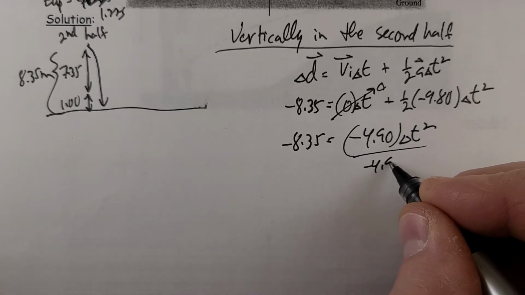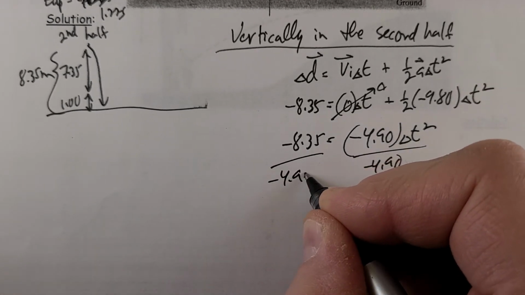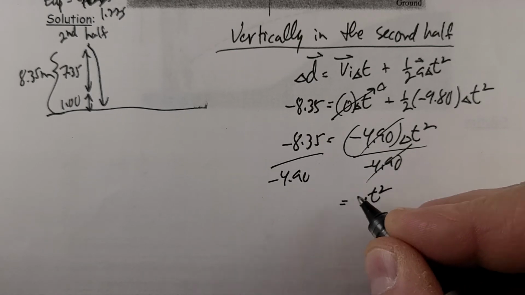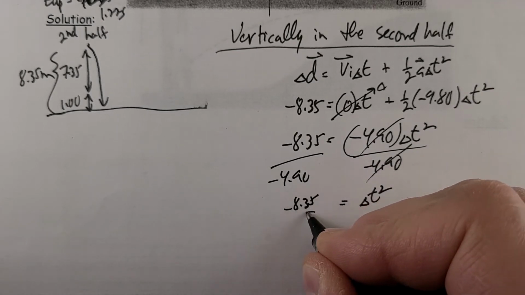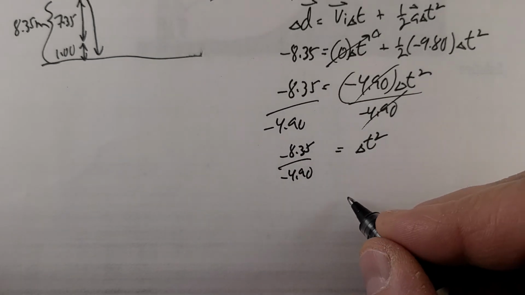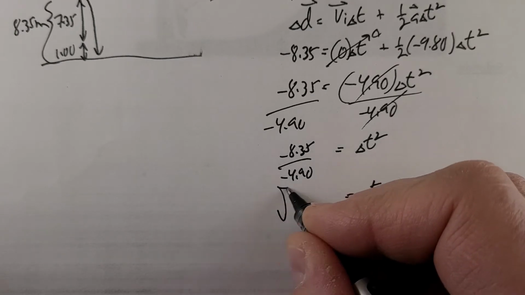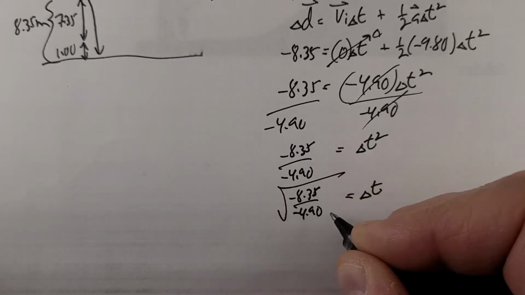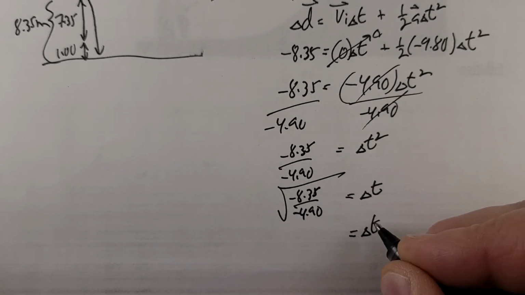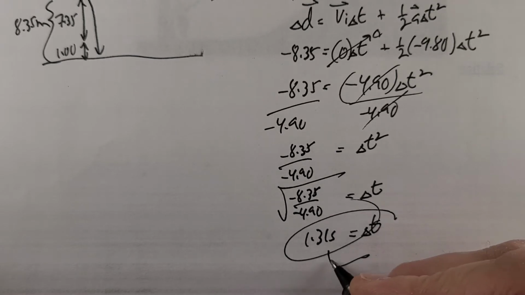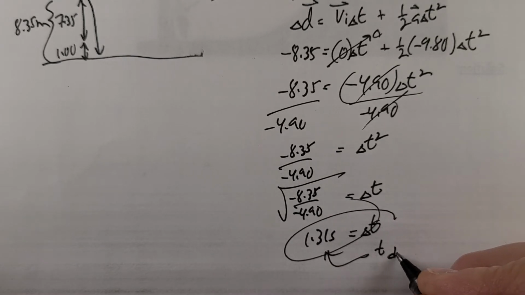So divided by -4.9, divided by -4.9, and delta t squared will be equal to whatever this is. Notice that a negative divided by a negative is going to give me a positive. Thank goodness, because this is time I'm talking about. So take the square root of both sides, and t is 1.31 seconds. And of course we know that this is really T down.